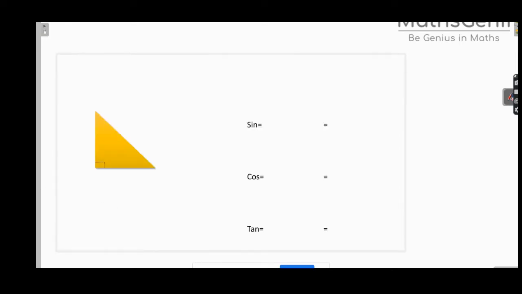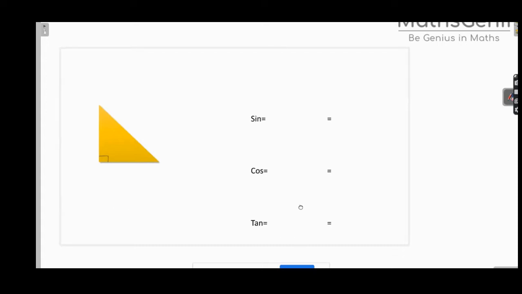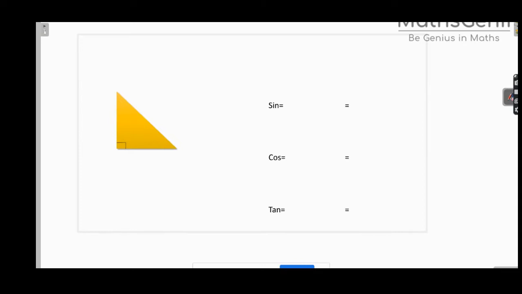Now, in trigonometry, you have to remember the way I have written on the screen and you will never forget it in your life. So, there are 6 ratios in trigonometry that we consider, which are sine, cos, tan, cot, sec, cosec.